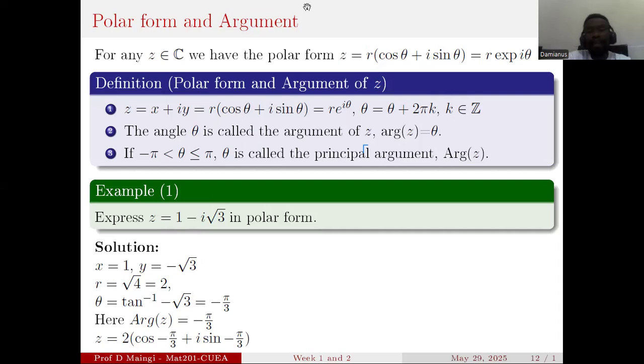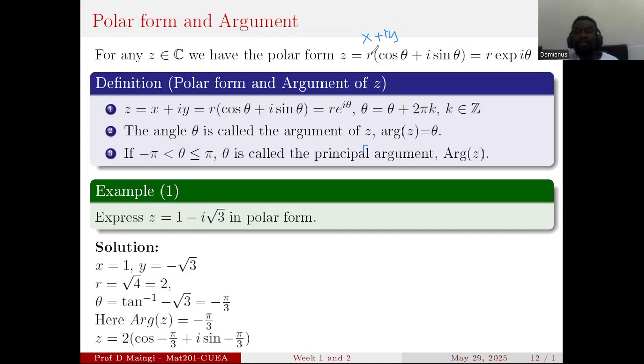So now, polar form and argument. We've defined now the polar form and the rectangular form of a complex number. For any complex number z, we have the polar form. Something I didn't say in the previous slide: we say that z is x plus iy.